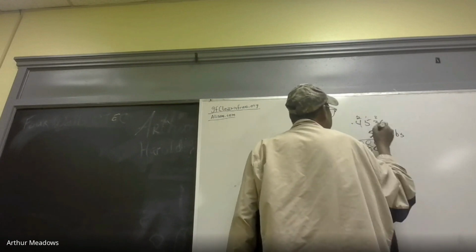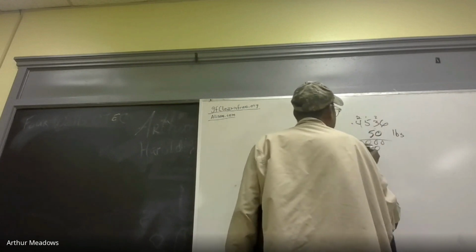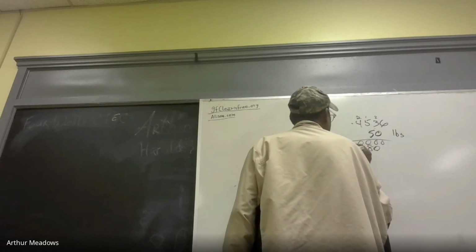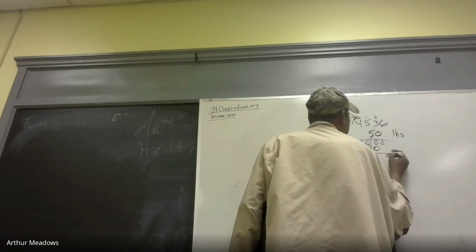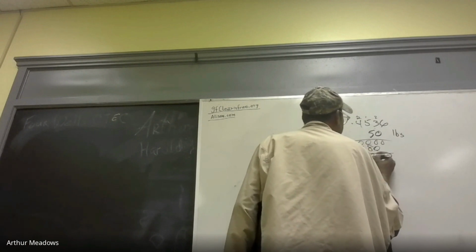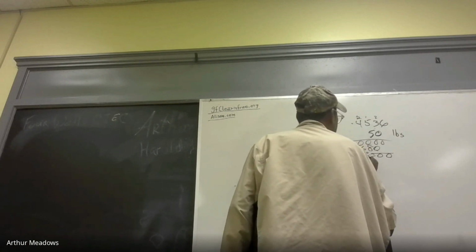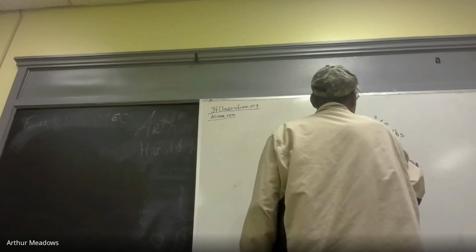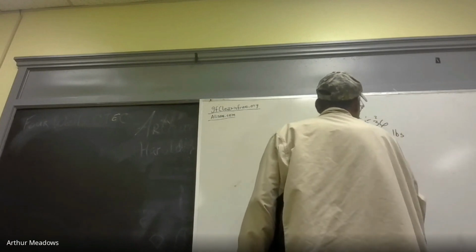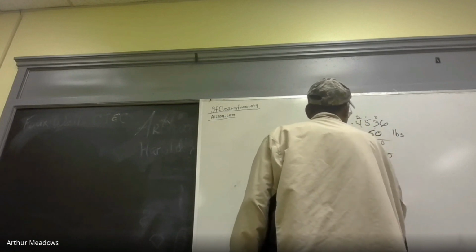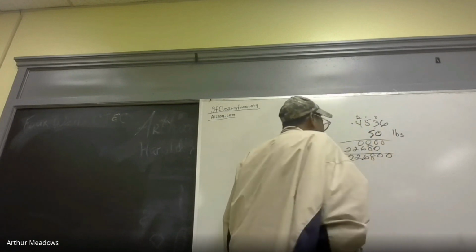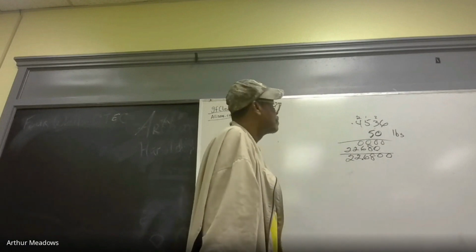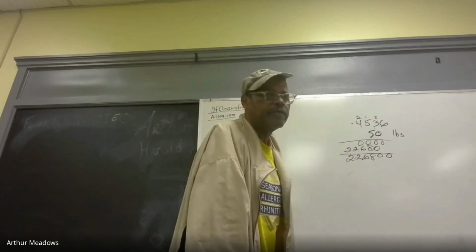There's 2 over there, 5 times that is 22. And you come 0, 0, 8, 6, 2, 2. And we got 1, 2, 3, 4 decimal places. That's gonna be kilogram.